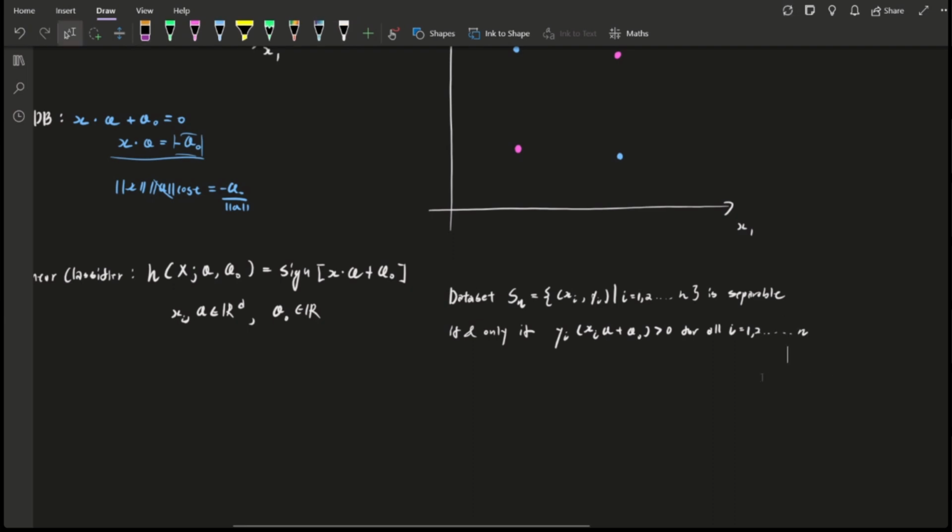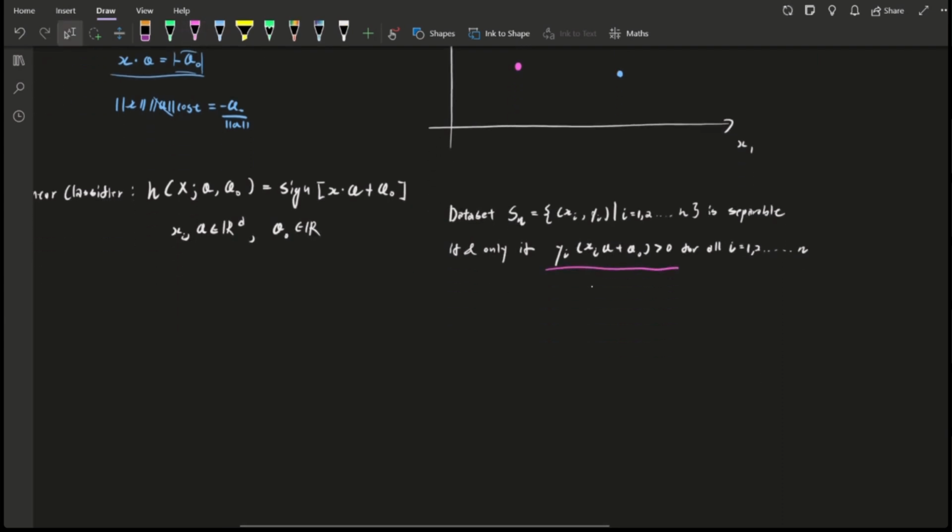Okay. So this is a more formal definition of what is linear separability, and this little expression here is pretty important for us when we actually go ahead and declare the error.